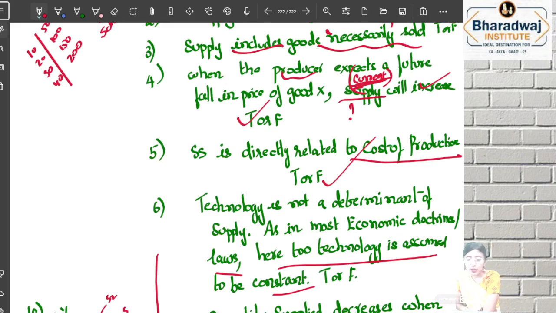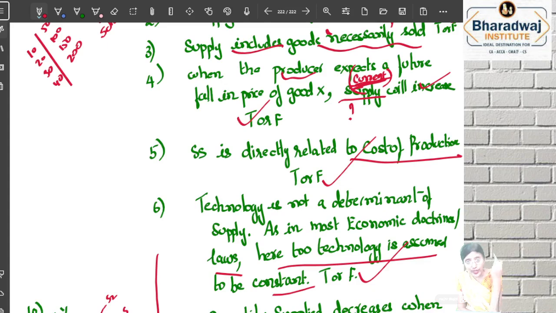Now here, what is the answer? Are you sure, 100%? Why? No, because technology is a factor. Technology is a main factor influencing supply.